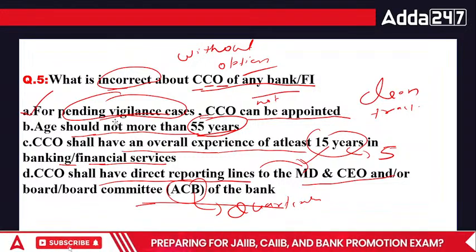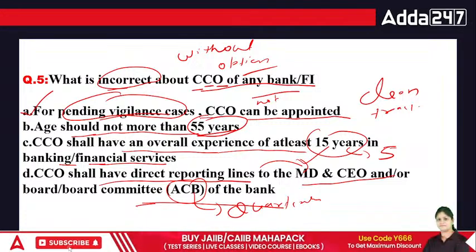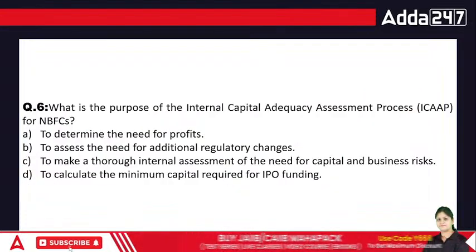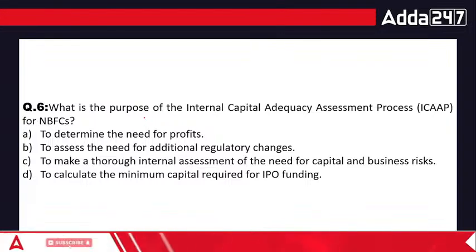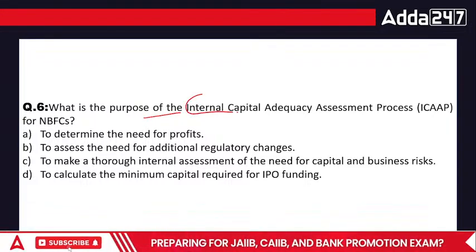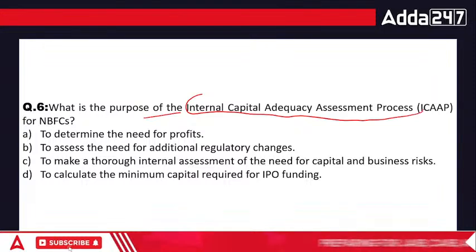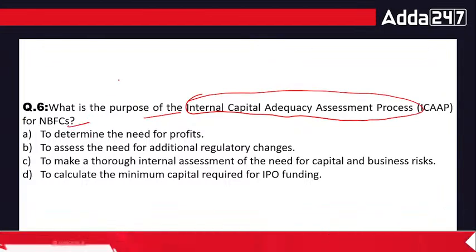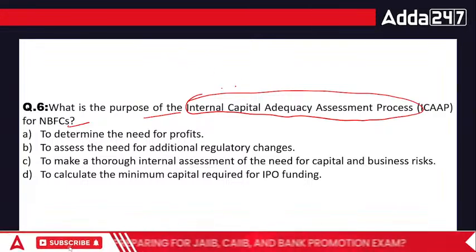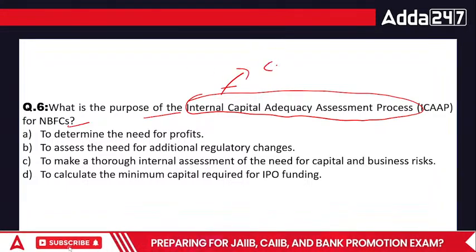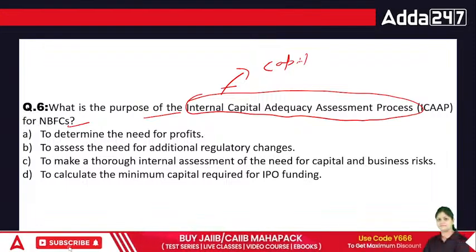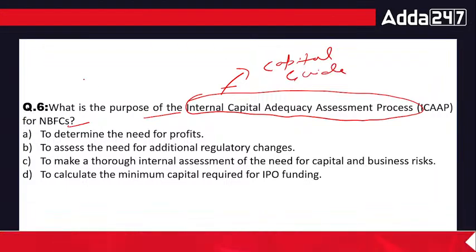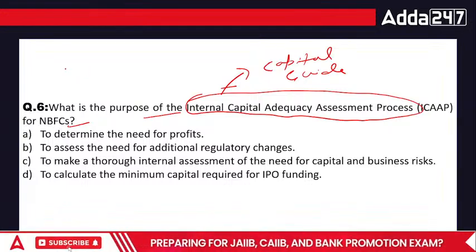Now we have the sixth question, that is from the NBFC chapter. Okay, what is the question? What is the purpose of internal capital adequacy assessment process, ICAAP, for NBFC? First of all, tell me what this guideline is all about. This guideline comes under the category of capital guideline. In yesterday's class only we have done the three different types of guideline.